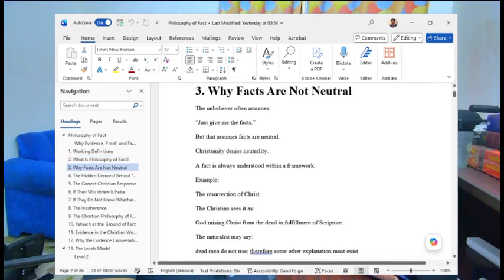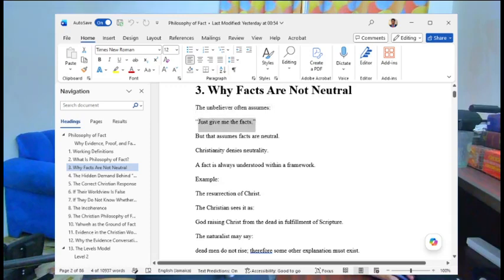Now, why are facts not neutral? The unbeliever often assumes, just give me the facts. But that assumes that facts are neutral. Christianity denies neutrality.